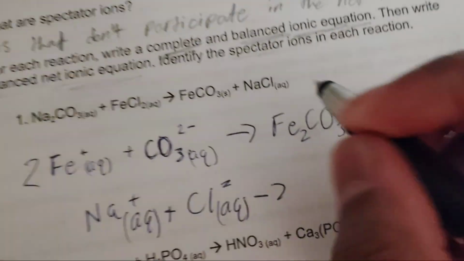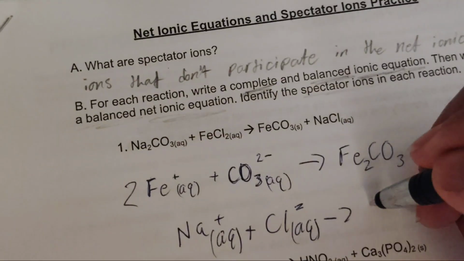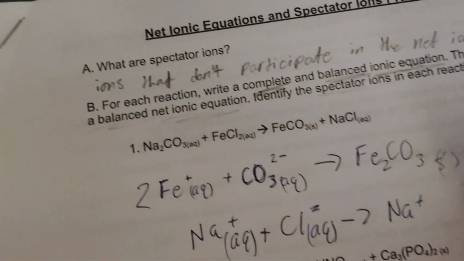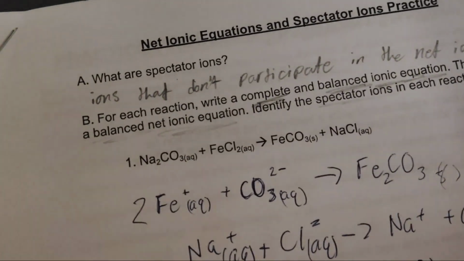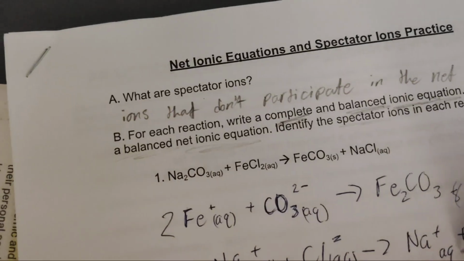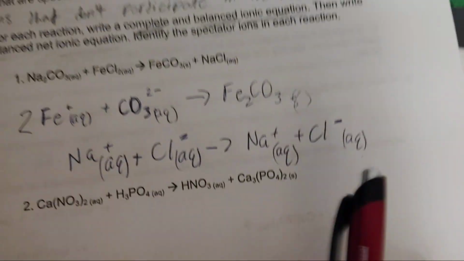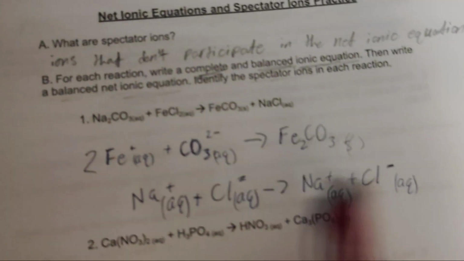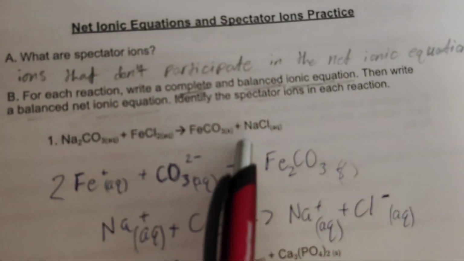And then it produces Na+ and Cl-. These are the ones that stay separated because they're aqueous and would separate in water.